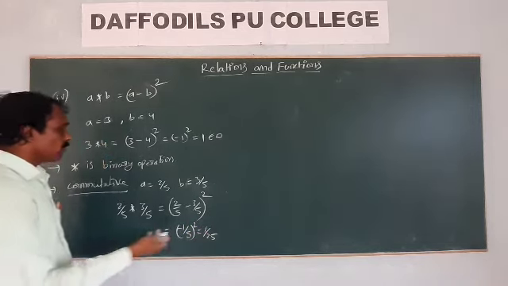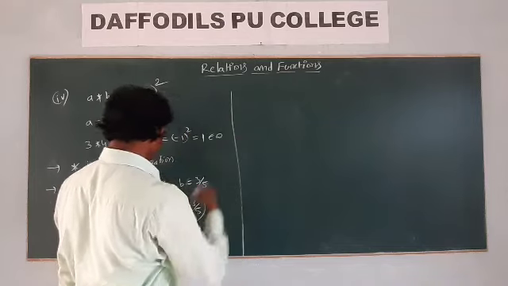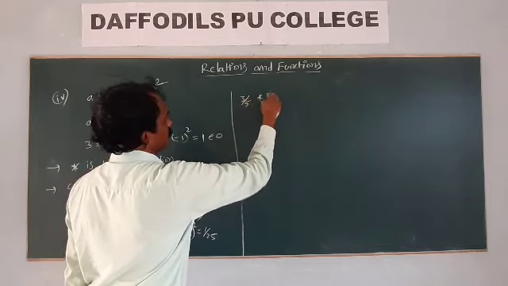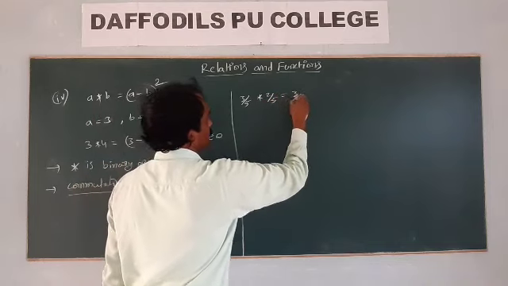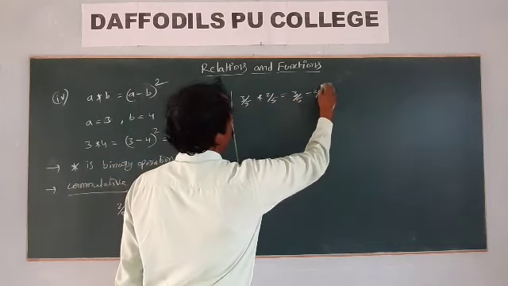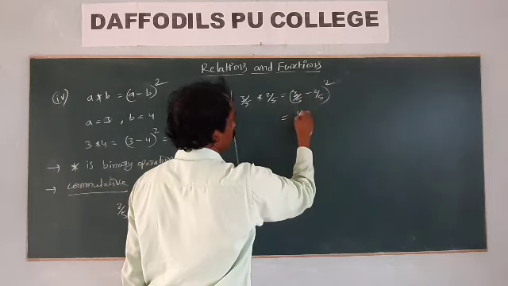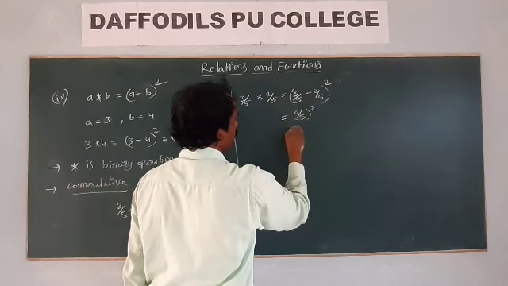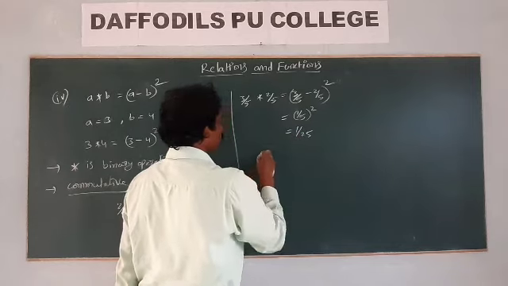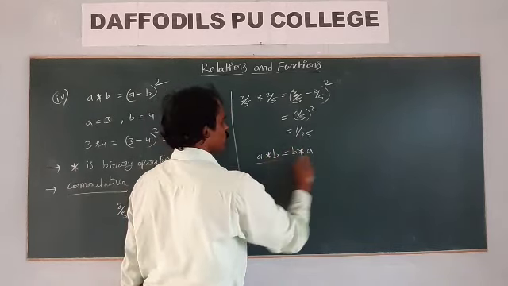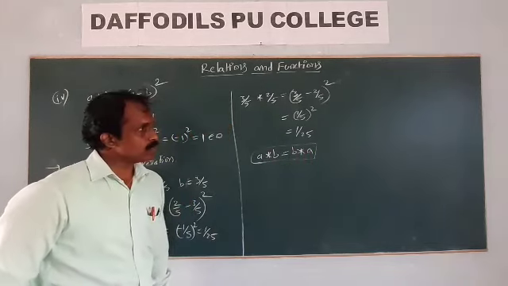Next, 3 by 5 star 2 by 5, 3 by 5 minus 2 by 5 whole square, that is 3 minus 2, 1, 1 by 5 whole square, 1 by 25. Therefore A star B is equal to B star A. So star is commutative.